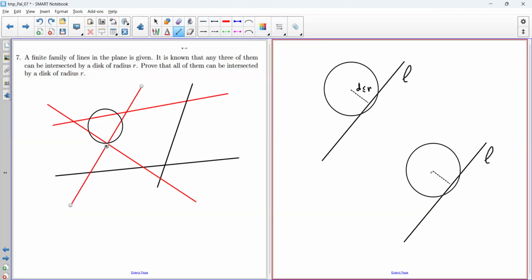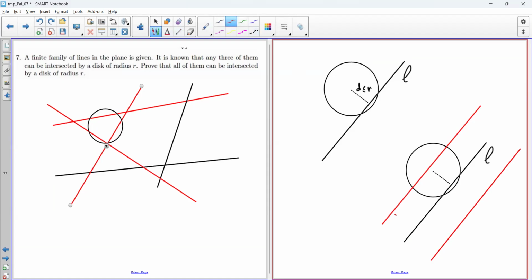Let's consider the neighborhood, or surrounding, of the straight line L. It would be just an infinite strip of width double r.